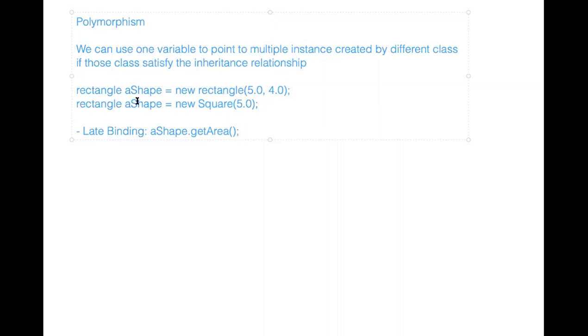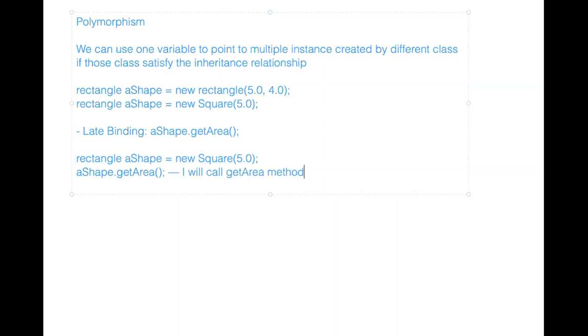So if I declare a rectangle aShape as a square, and I call aShape.getArea, this means I will call the getArea method within the square class.